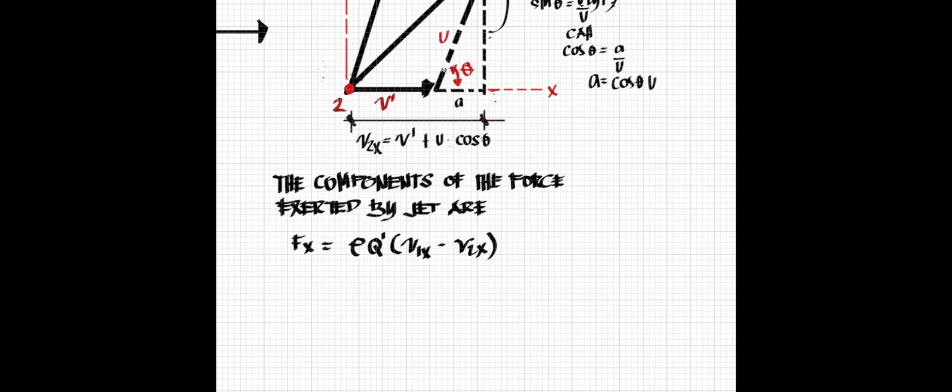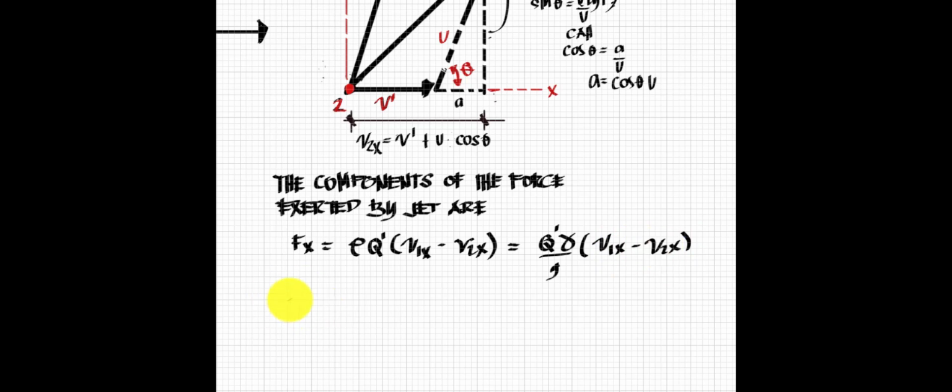Then we can rewrite this one with the volume flow rate, the specific weight divided by the gravity. Again, the value of this one would be V1x minus your V2x.